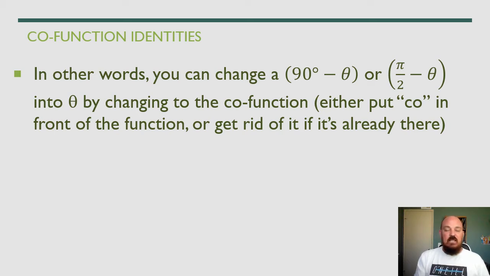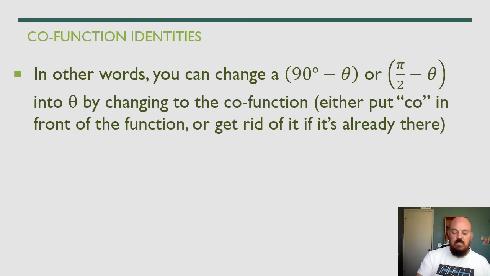If you're doing any type of problem at all with any of the 6 trig functions, sine, cosine, tangent, secant, cosecant, cotangent, if you see that the angle that you're taking the trig function of is either 90 minus theta if you're doing degrees, or pi over 2 minus theta if you're doing radians, you can change those angles into just theta, which is much better. It's always better to have a more simple angle by switching to a cofunction. And what that means is if there's no co there, put the co there. If there's already a co there, take it off.